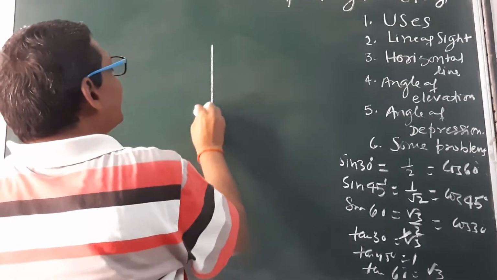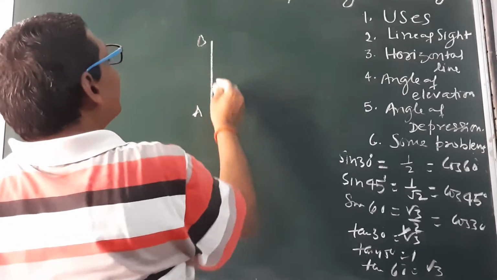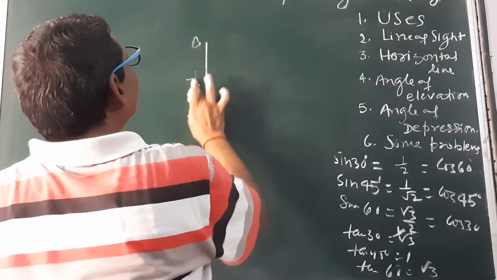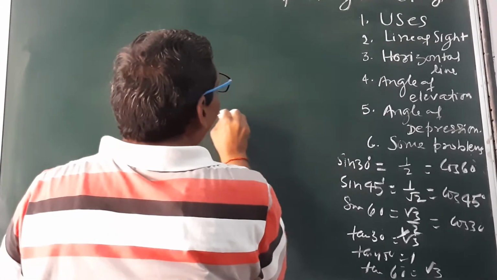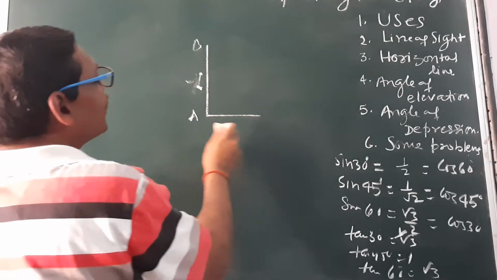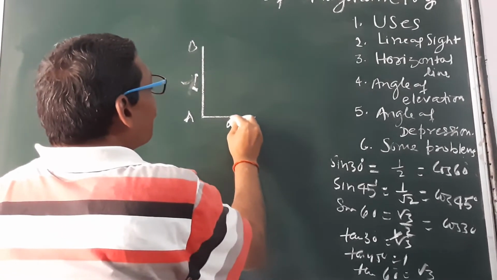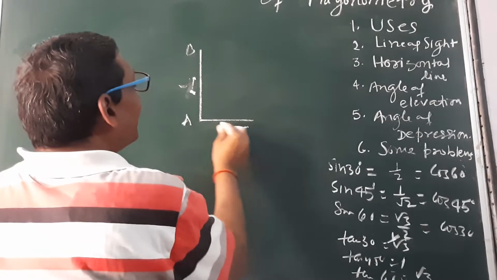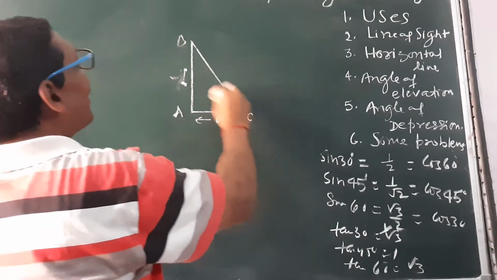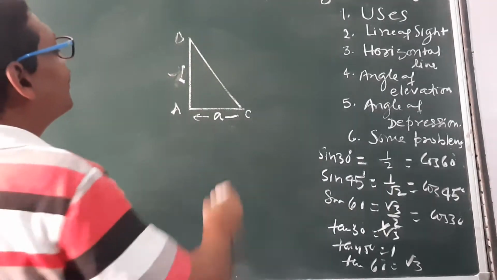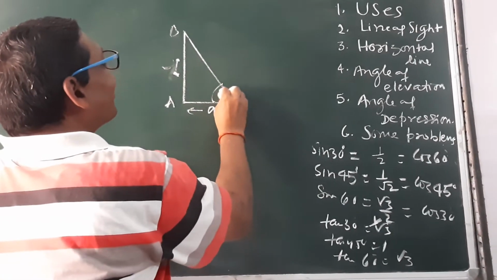There is a tower AB, its height h we have to find. From the bottom of the tower, an observer goes away a meters to point C and observes the top of the tower, getting an angle theta.